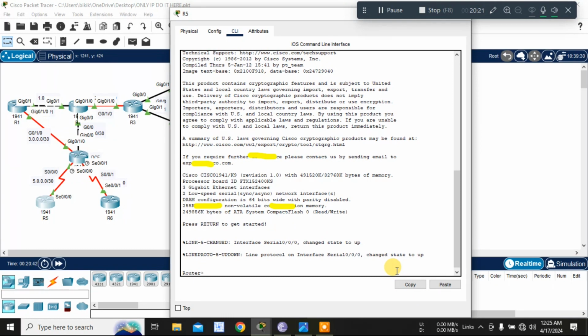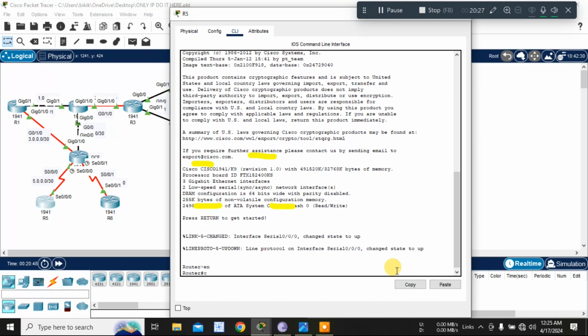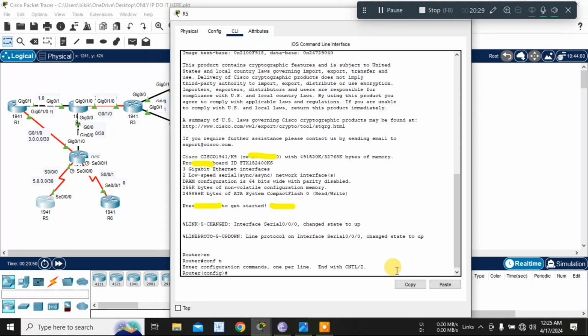Now in router number 5 I will directly provide only for 0.0.0.0, such as enable, config t.